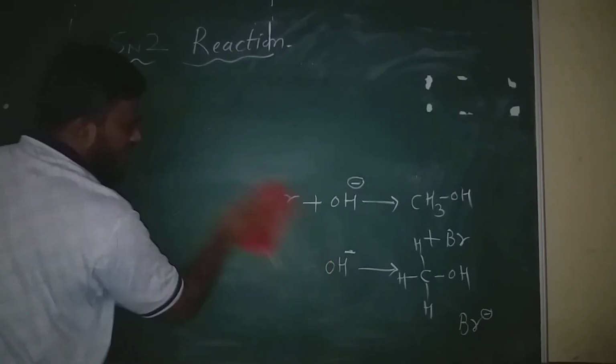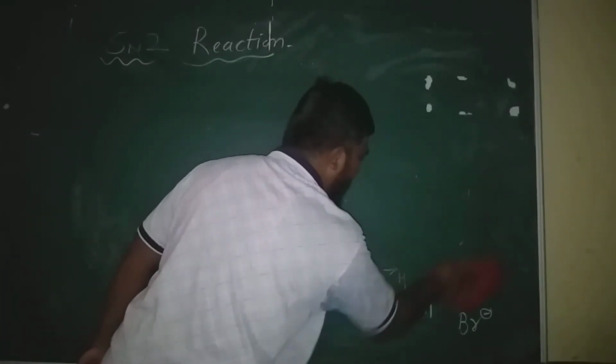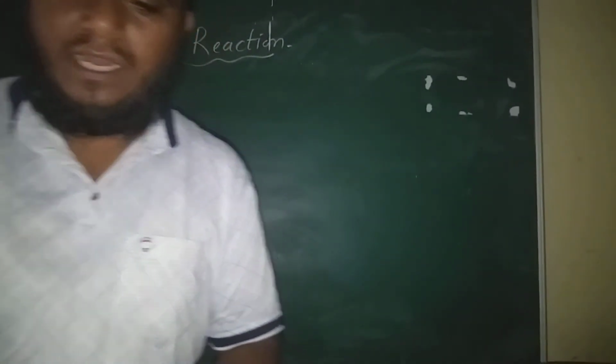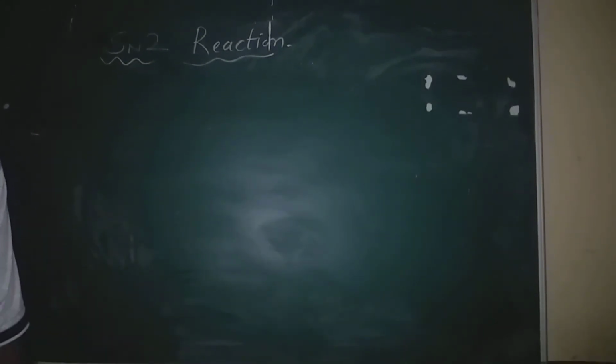So this is the example, and only this example we will write and try to find how the reaction takes place, and the mechanism will be written. Now the mechanism will be written in this manner.